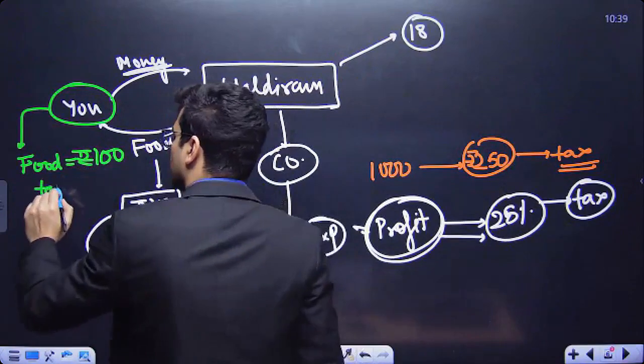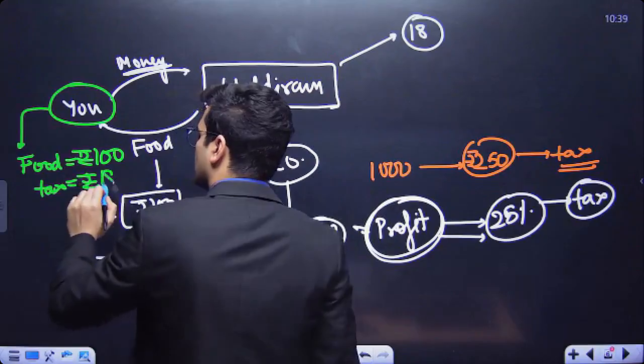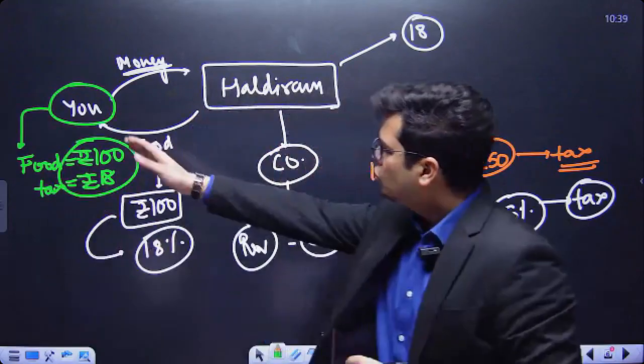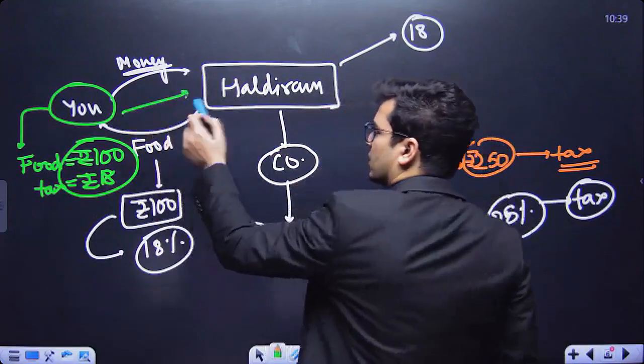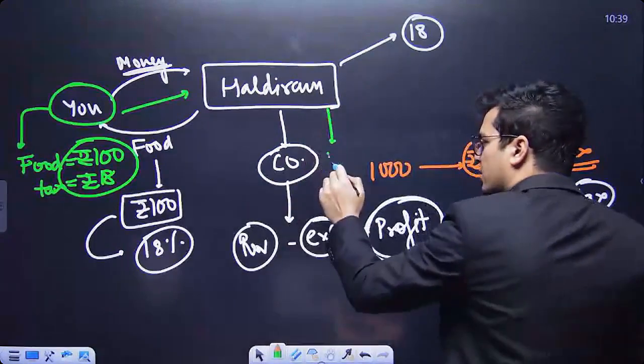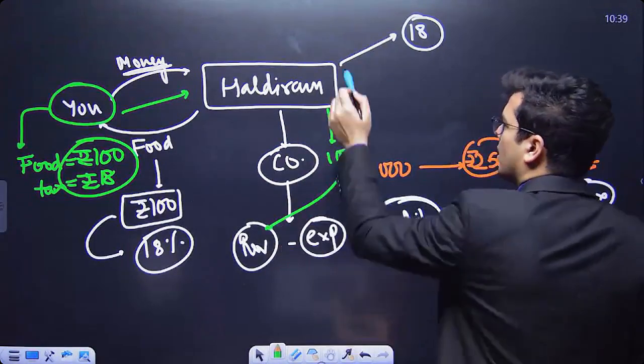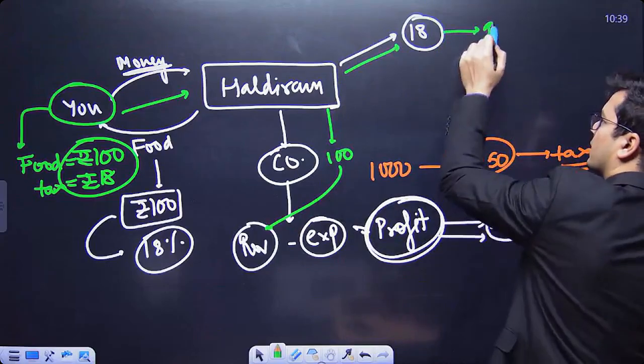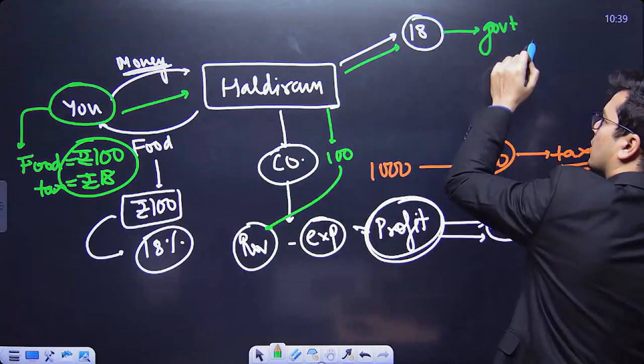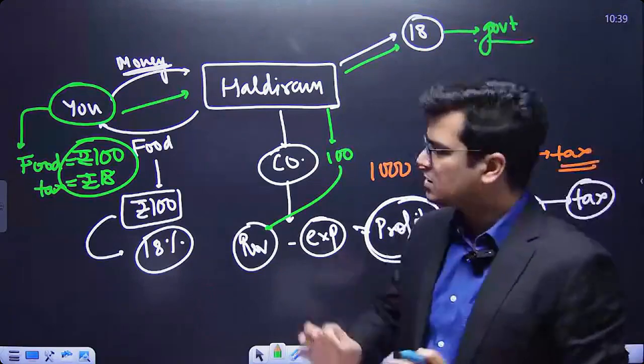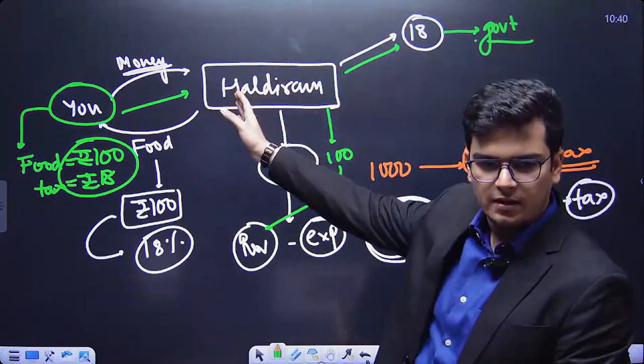Tax levied on this food is 18 rupees, 18%. You will pay 118 rupees to Haldiram. Haldiram will count 100 rupees in its revenue and give 18 rupees to the government. Responsibility of paying tax was levied on Haldiram, so Haldiram will pay.